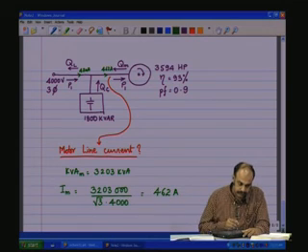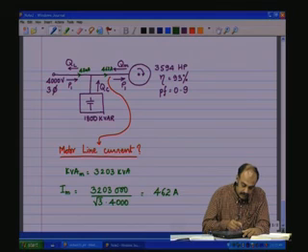Now, what is the current that is flowing through here? Let us call this IC.